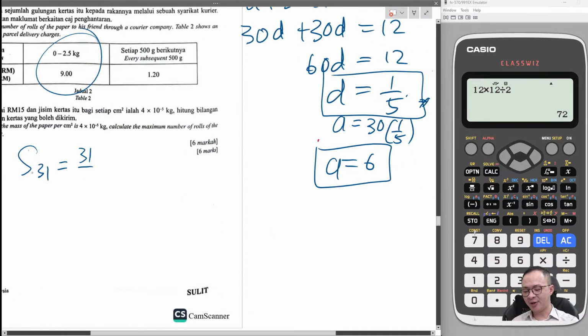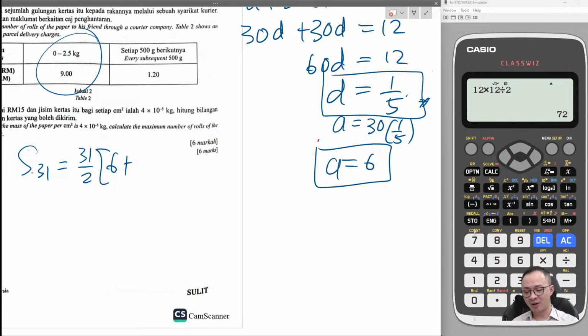Then n/2, A plus L. L is 12, right? L will be the last term just now. So this one is 18. 18 divided by 2 is 9. So total should be 279.